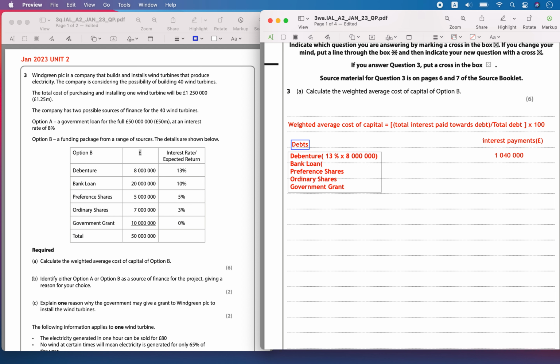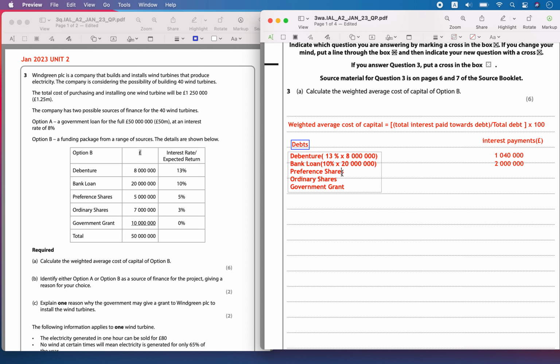The next one is a bank loan. You are paying an interest rate of 10% on the 20 million taken, so that is going to be equal to 2 million.